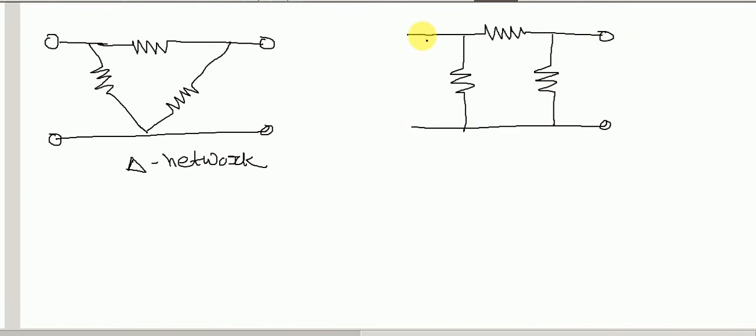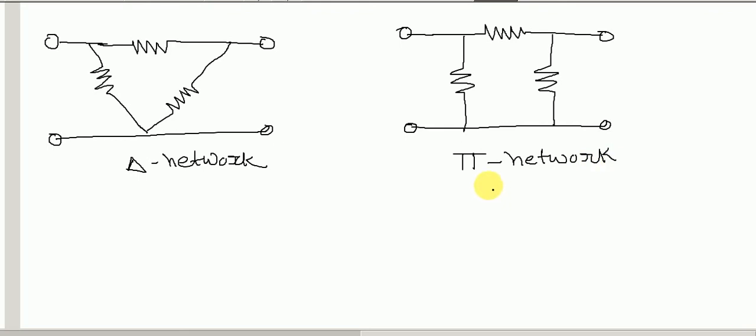I hope everybody knows about it. And this is a pi type network, right? You can see this is like a pi. This is a pi network.